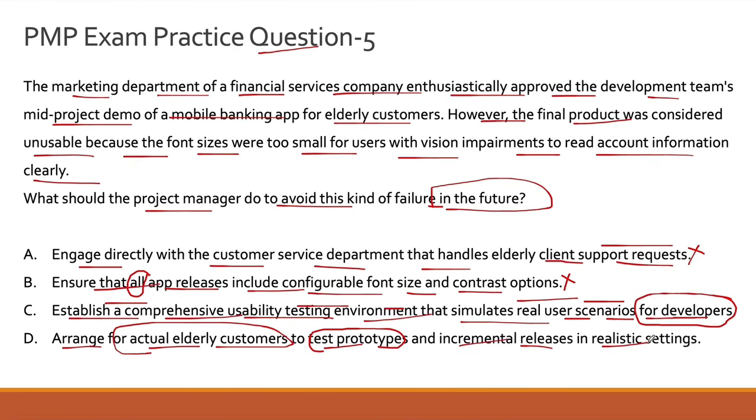Okay, so that is a very, very comprehensive option, and the correct answer to this question is option D, which is to arrange for such kind of prototype testing exercise for actual elderly customers, because then you have the real-time feedback of your actual end users and you do not do a simulation based on what you think might be the response of your end users, because here you are actually not using your end users, you are using some simulation for your developers who might not be able to comprehend the actual end user requirements regarding font sizes, right? So option C is a very close option, but incorrect answer choice for all the reasons that we have discussed, and the correct answer to this question is option D.